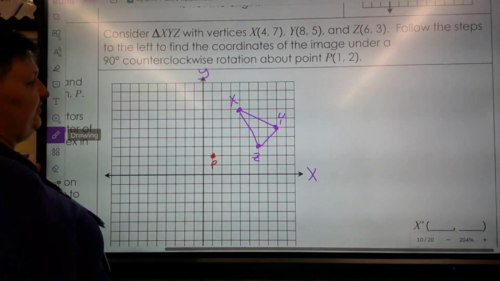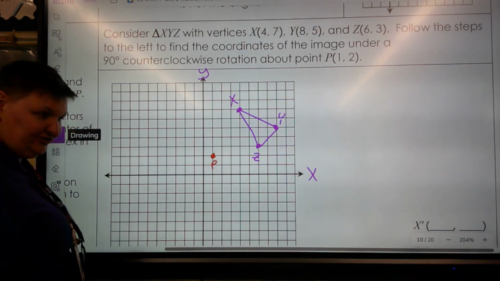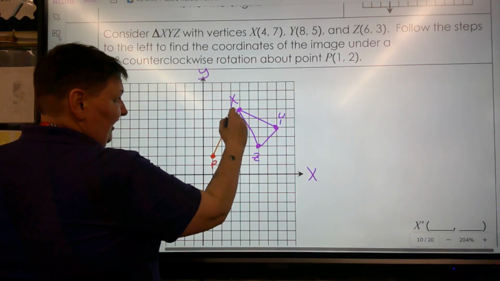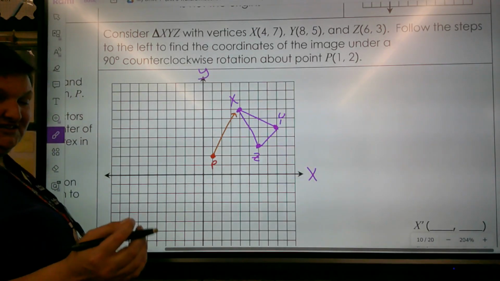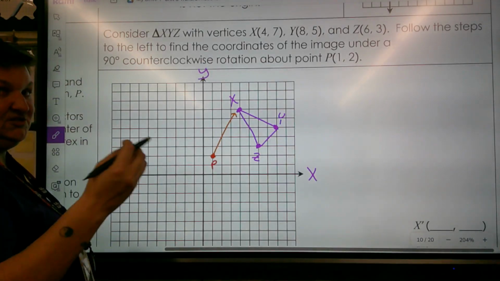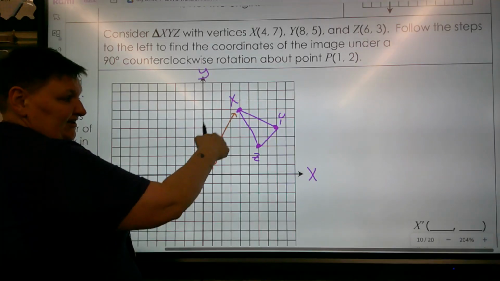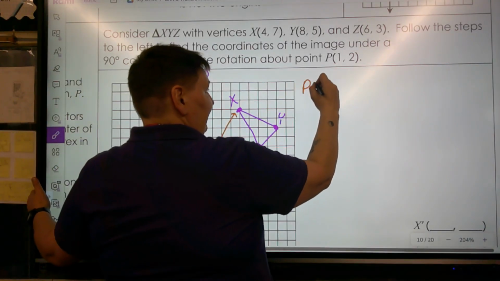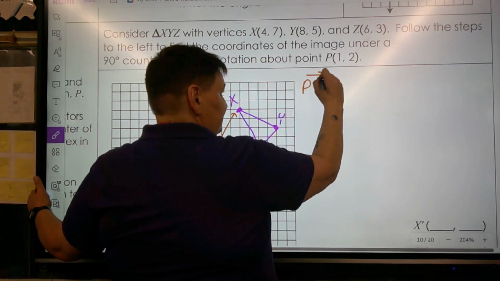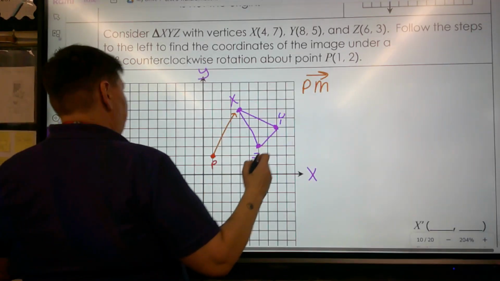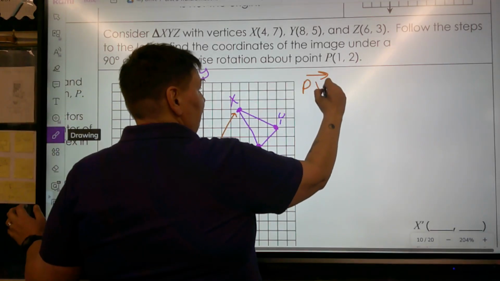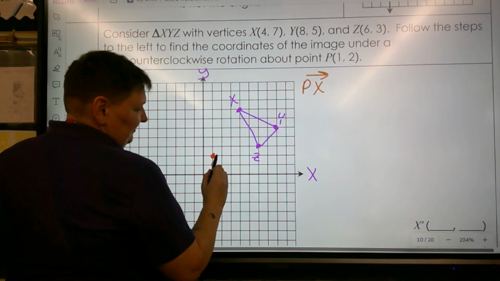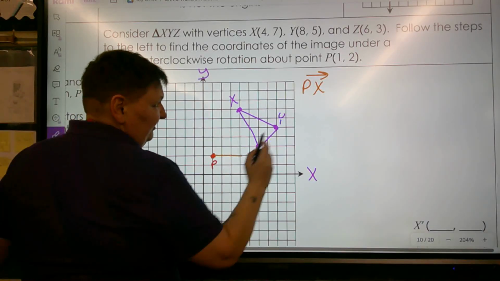So in order to do that, you have to find the vectors, right? You have to find the distance between P and the points. You have to find the distance from the center of rotation to each point, right? Which is a ray, it's an arrow, right? So we're looking for the vector or the distance between P and X. And the distance between P and X, we had to go right 3.